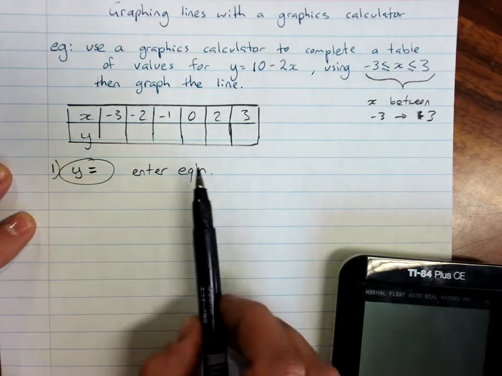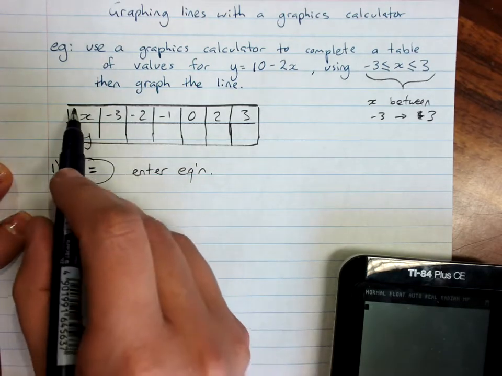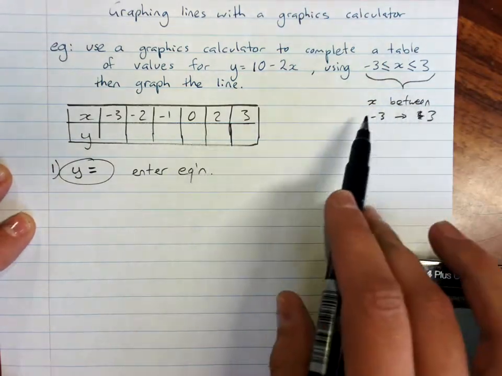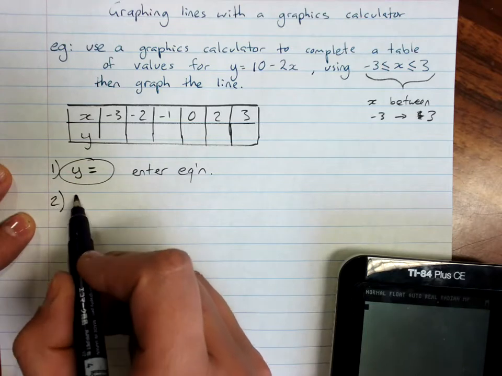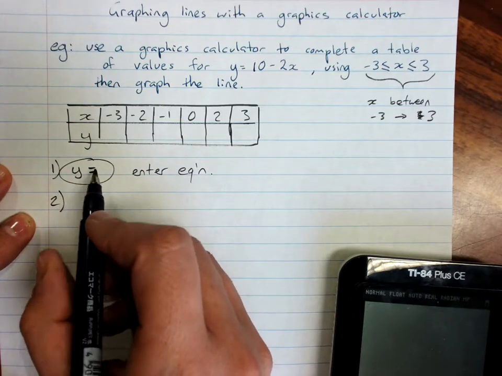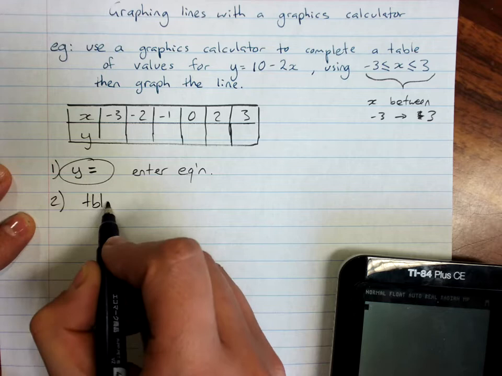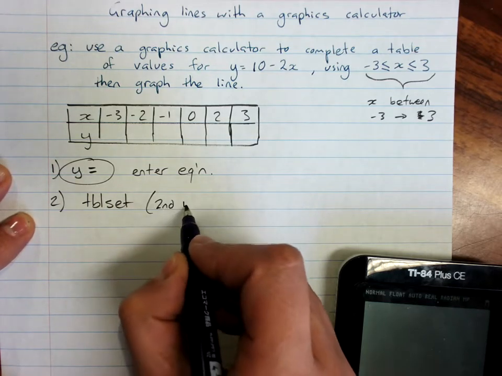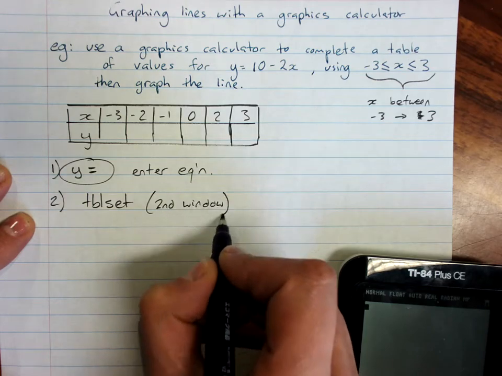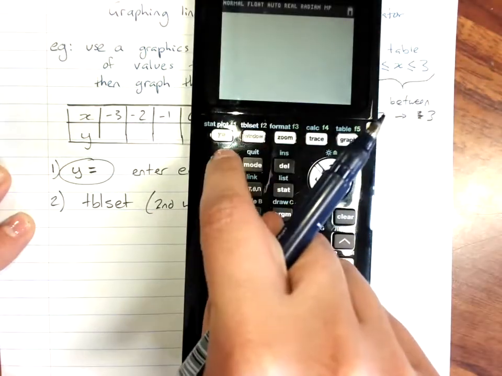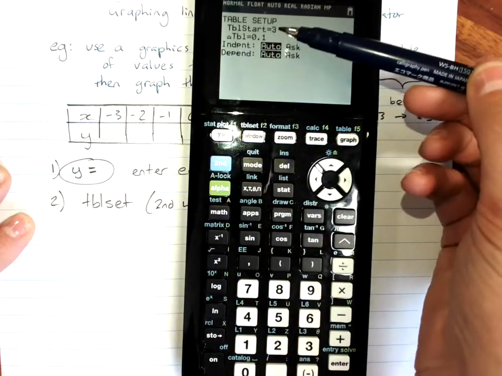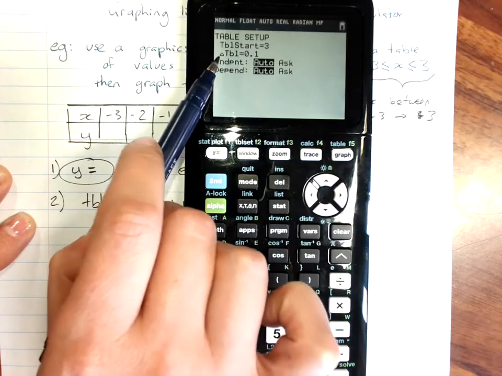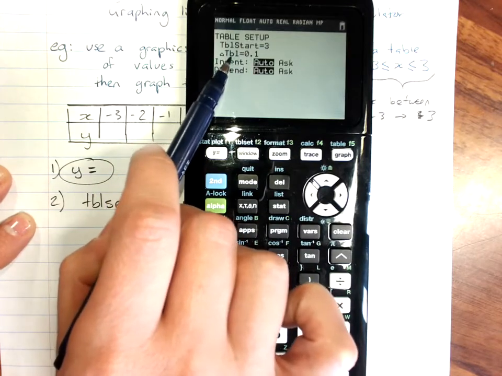Now, when you make a table of values, you first set it up and decide how big you need it to be. And here we decided we needed it to be between -3 and 3. So our next option is table set, which is second function and the window button. If you do second function table set, it asks for table start, and the little triangle is delta. It means the change in the table.